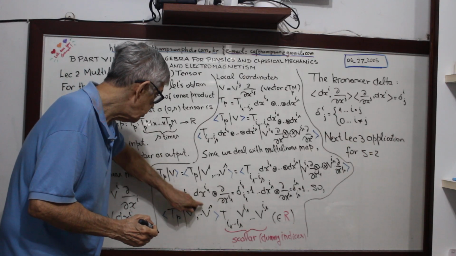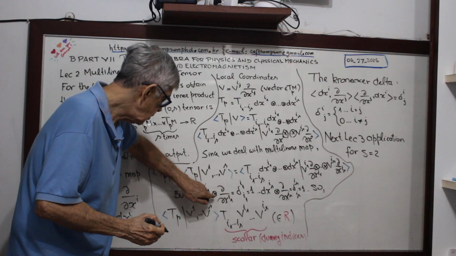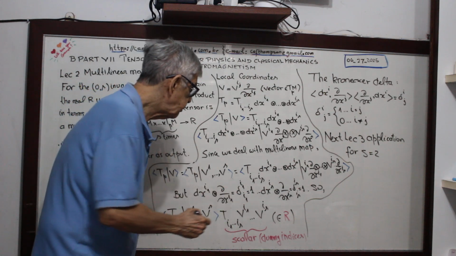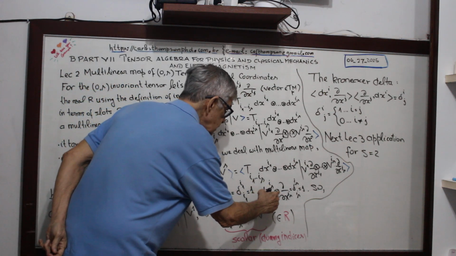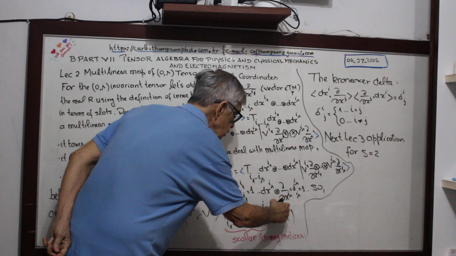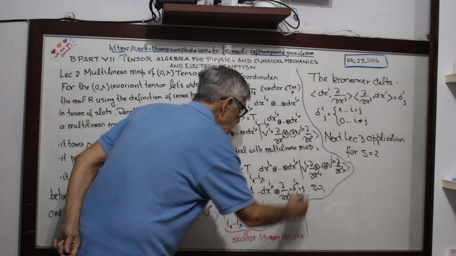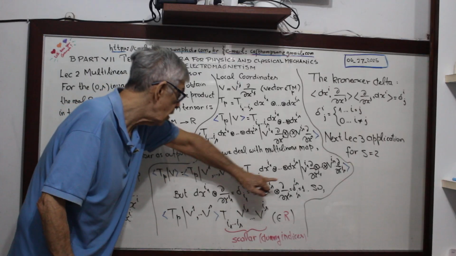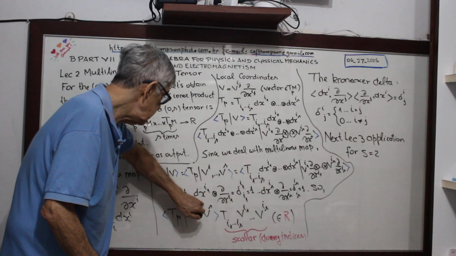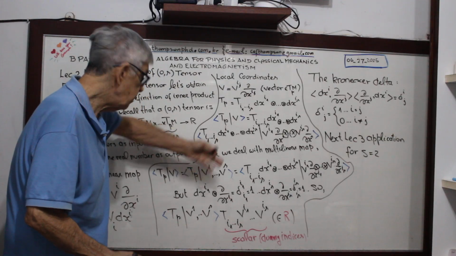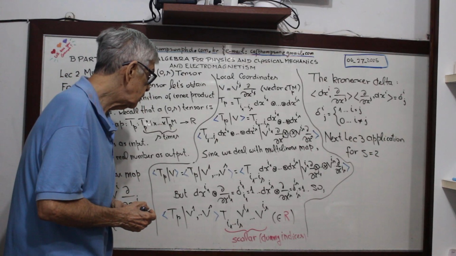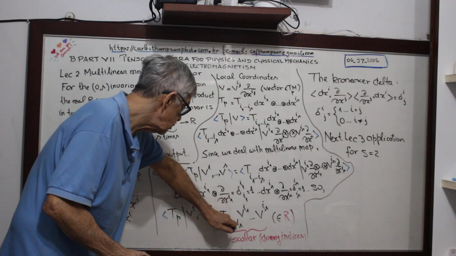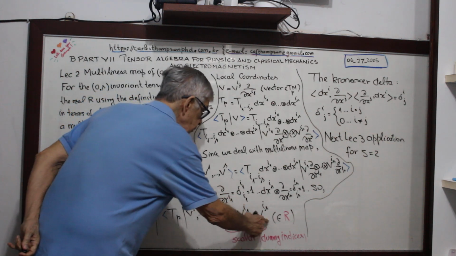Attention now, you see this inner product of dx^{i1} and partial x_{j1} is a Kronecker delta. So the product of dx^{is} with the partial derivative with respect to x_{js} is also the Kronecker delta. So then the Kronecker delta acts on the v here, using the property of the Kronecker delta. So I can write this as T_{i1...is} v^{i1}...v^{is}.